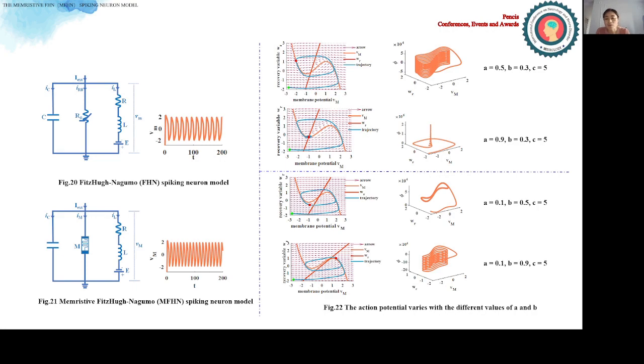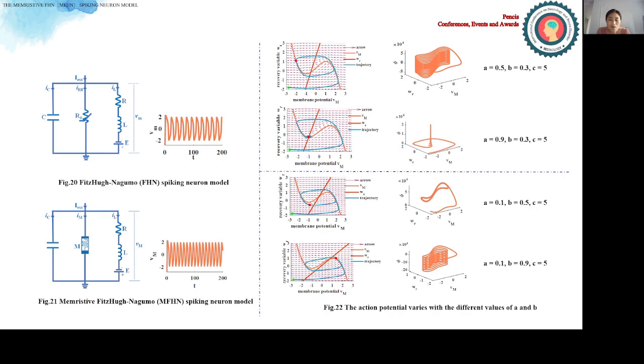We introduce a memristive into the FHN spike neural model and build the MFHN spike neural model. When the external stimulus is applied to them, they can generate the action potentials. And the MFHN spike neural model performs high firing frequency.